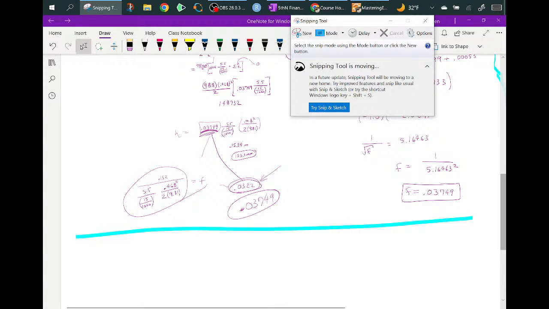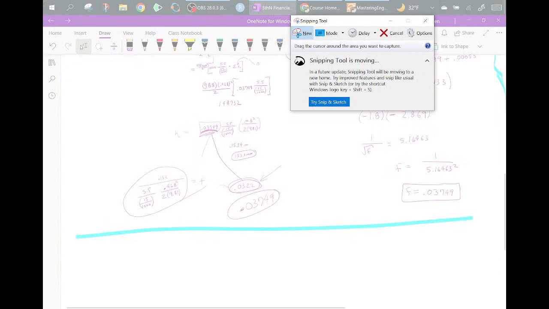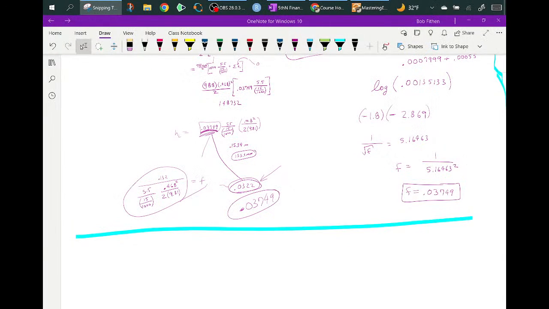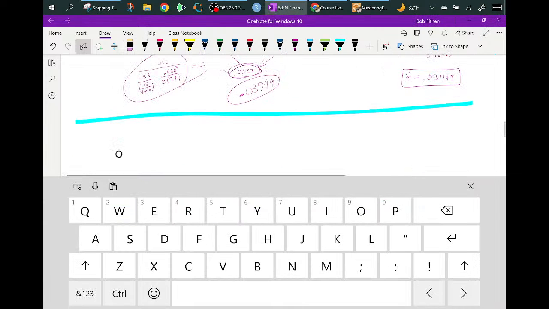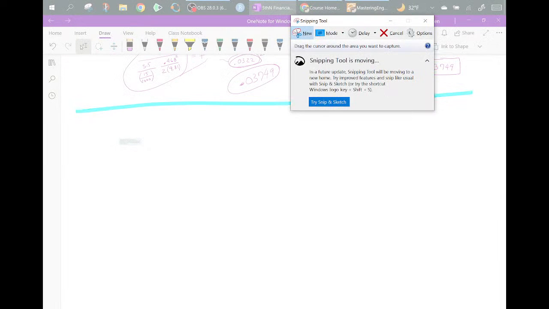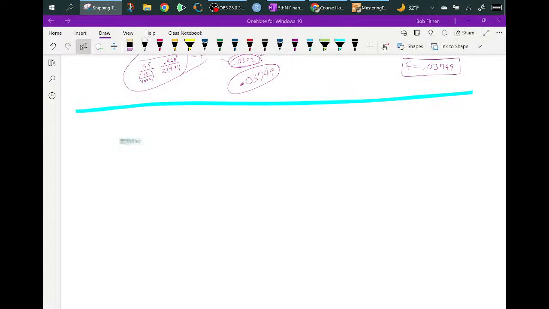Okay, hang on. Okay, and what I'm going to do is come over here and drop it, say, right there. It's very tiny, but there's not much I can do about that. But I can zoom into it, and that's what I'll do.